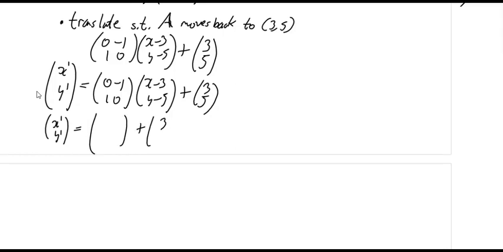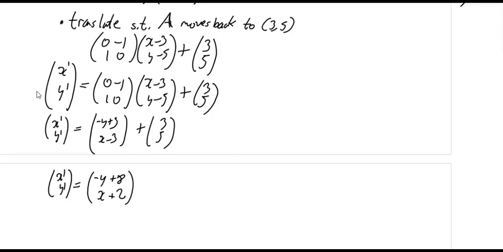We still have our plus (3, 5), and first row, first column, that's going to be minus y plus 5, and then second row, that's going to be x minus 3. So then we get (x', y') is equal to minus y plus 8, and then x plus 2.